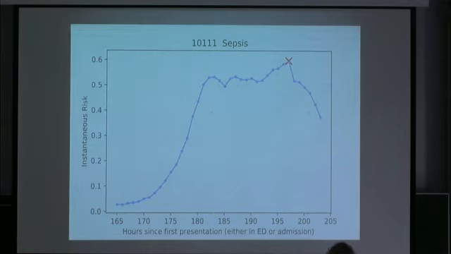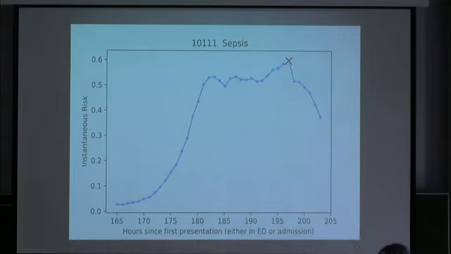And this is an example of what's currently going on in the hospital. They've got some kind of definition of sepsis, and a person meets it at varying points in time. On the x-axis here is hours since the first time they presented in the emergency department. And on the y-axis is our mean predicted risk for this person.